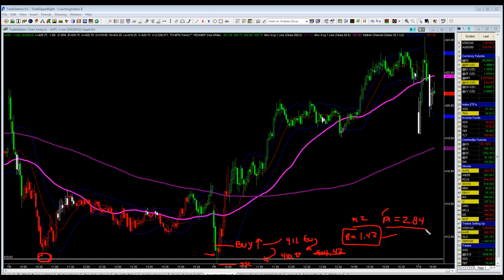Add 2.84 to 411.60, and that puts you at 414.44, which actually puts you right up in here, right between the 50 and 200 exponential moving average. That was the first profit objective. This is an area in which some resistance may come into play.